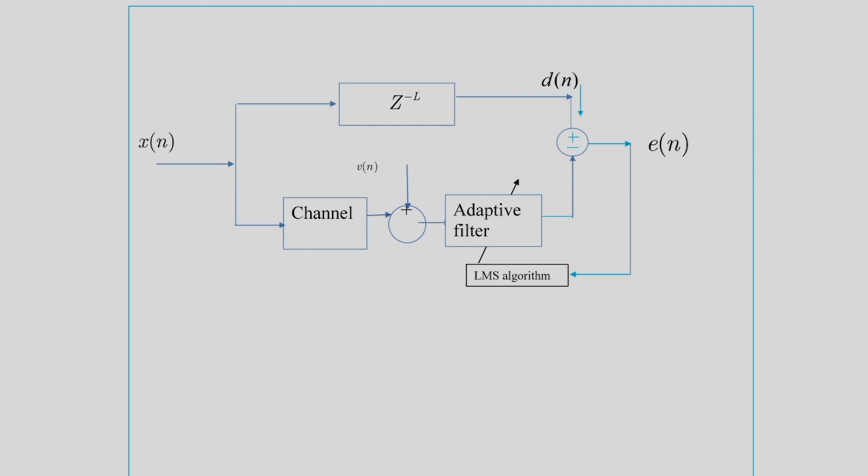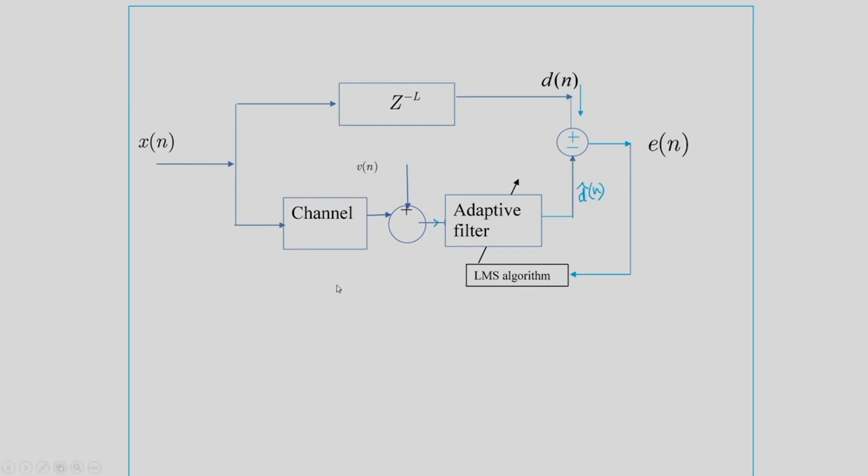So, this v[n] noise is added here, and the output is passed to the adaptive filter. The adaptive filter will estimate d hat[n], and the error will pass over to the LMS algorithm. So, this is the channel equalization problem.